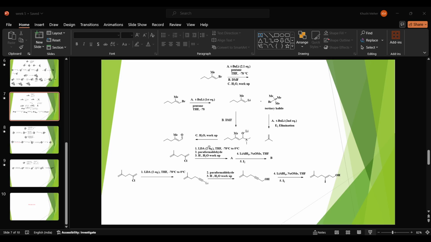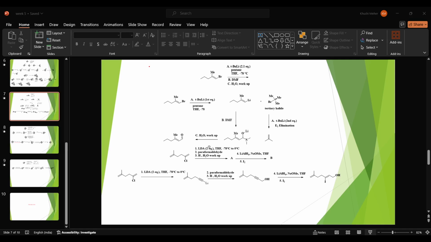And in this reaction, what will happen? First, it forms the tosyl hydrazone, and the first equivalent of butyl lithium will abstract the proton from NH, and another equivalent of butyl lithium will abstract a proton from here. Then it will undergo resonance.